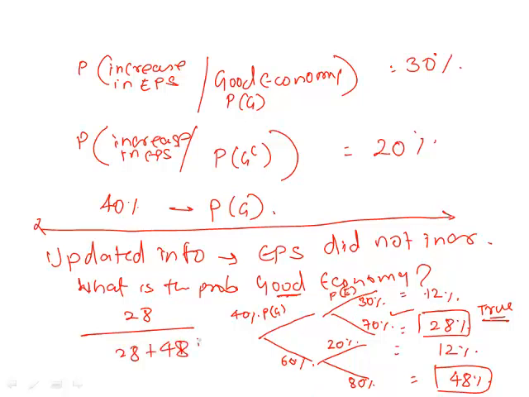This is the probability of having a good economy given EPS did not increase. 28 as a ratio of 76, how much is that? 28 by 76 is 36.84%.